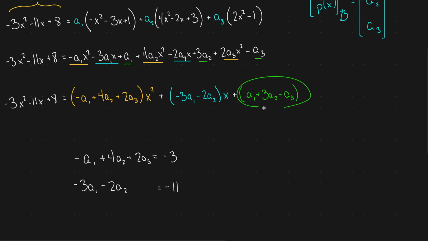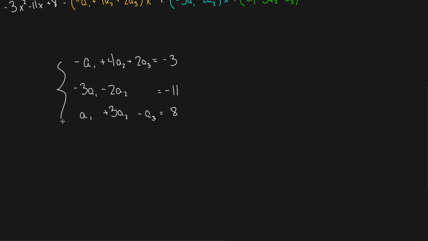And finally, A1 plus 3A2 minus A3, the constant coefficient on the right has to equal 8, the constant coefficient on the left. So I get A1 plus 3A2 minus A3 equals 8. That's my system of linear equations.